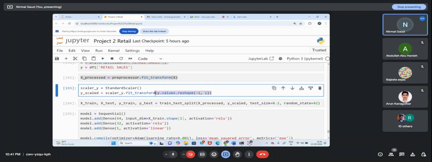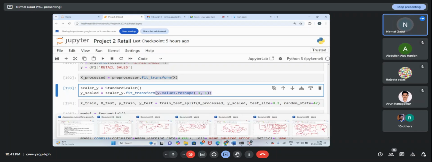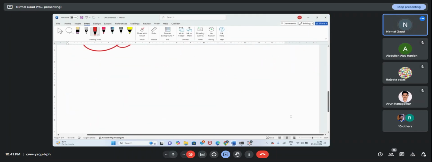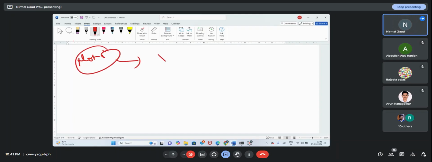Why? In the previous example, when I was using support vector regressor and K means, I haven't scaled Y. That is the note which you should take. Note it. That Y, which is retail sales, is continuous, and it was not scaled previously.